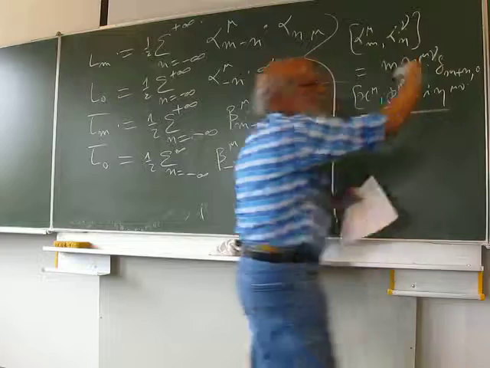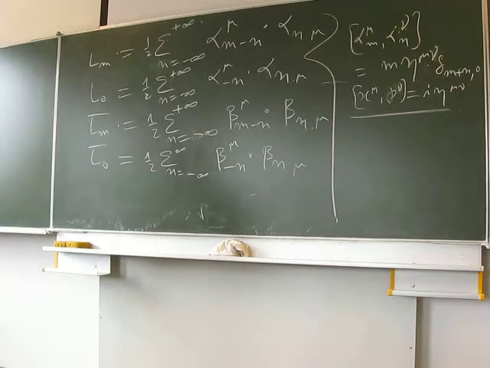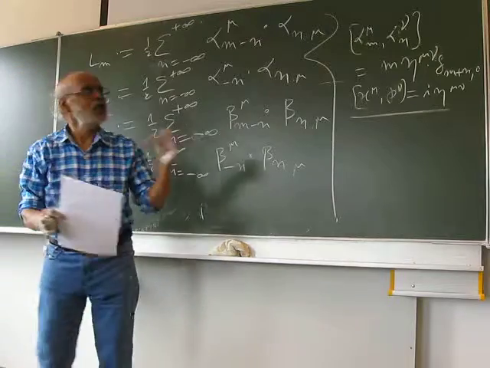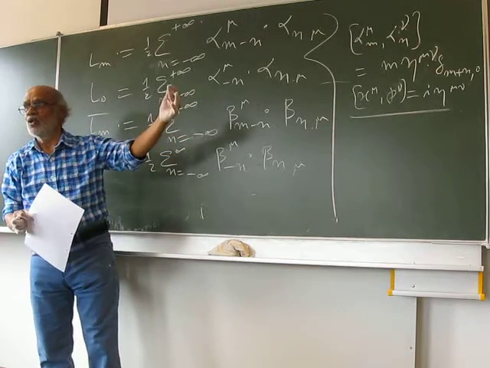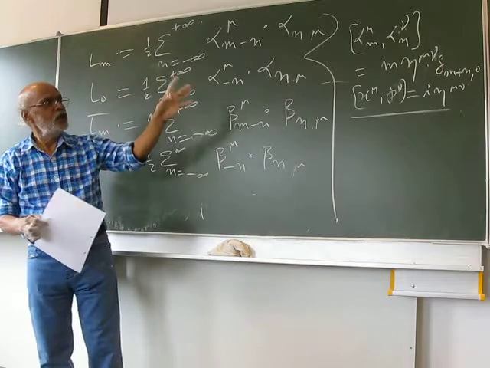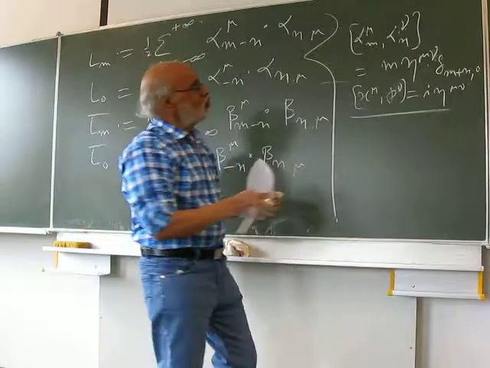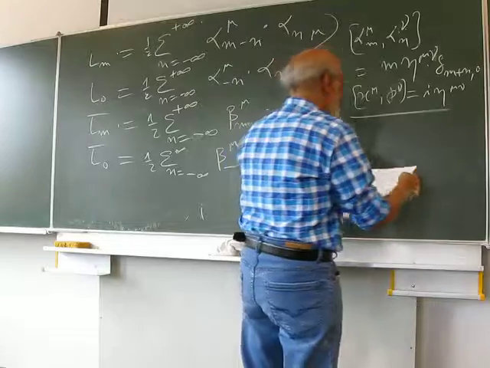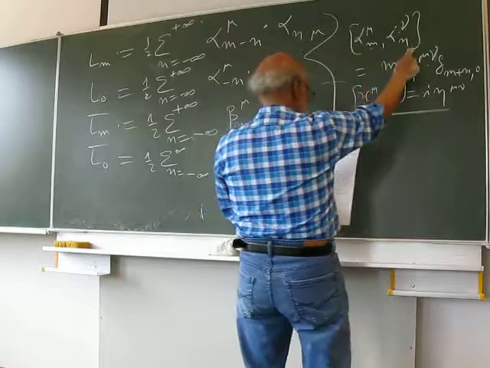These are the commutation relations that would follow from the canonical quantization of the theory. They are not at the classical level. So after you achieve the canonical quantization of x mu and p mu, and then you put these modes in, and similarly for the betas.